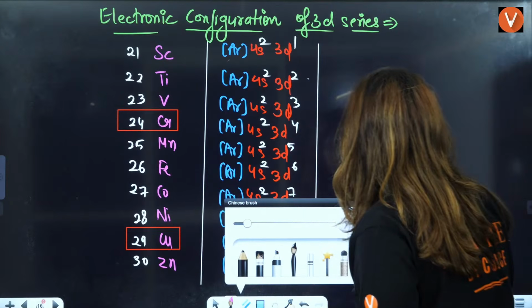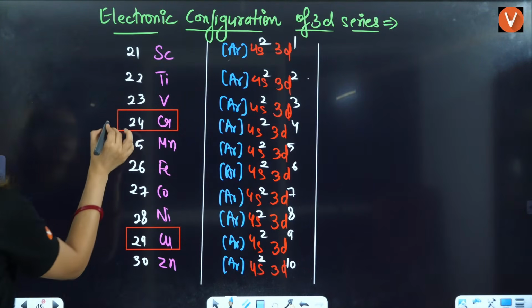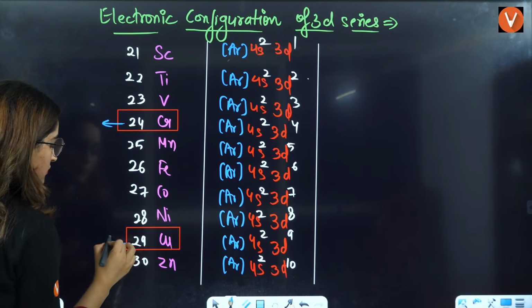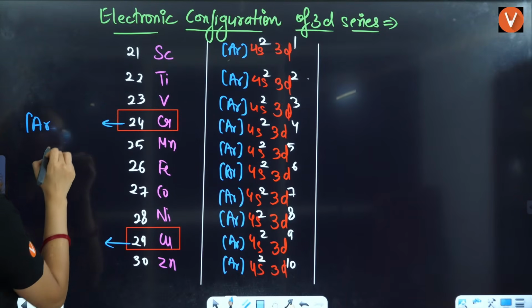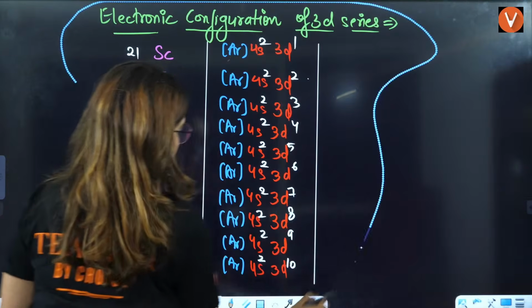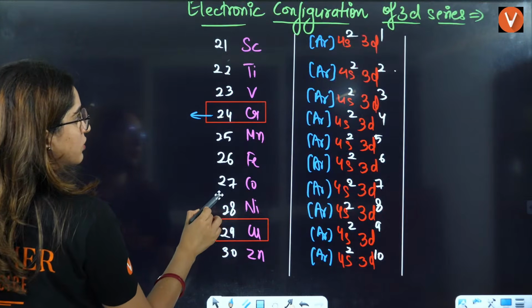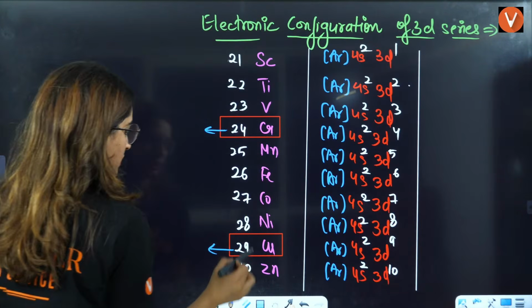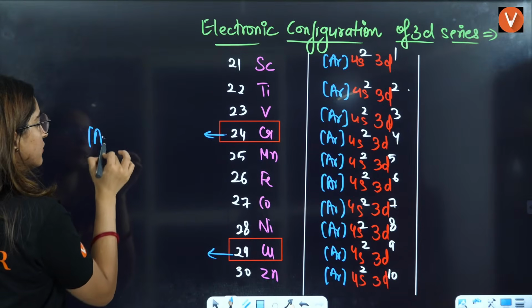The exception is, it is going to be argon, right? I don't have space here. Okay? Now, this is going to be argon.